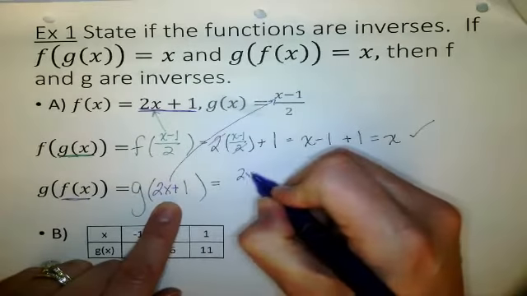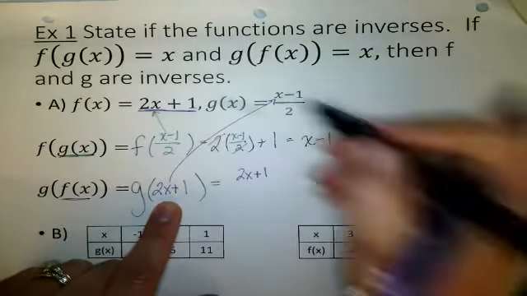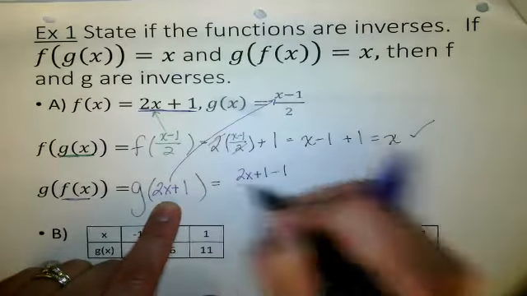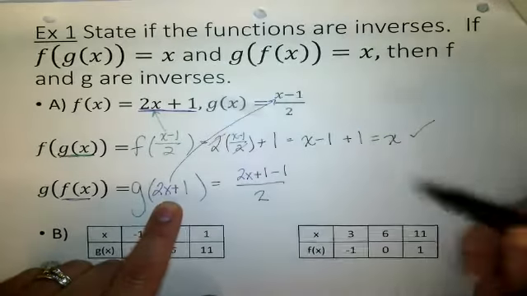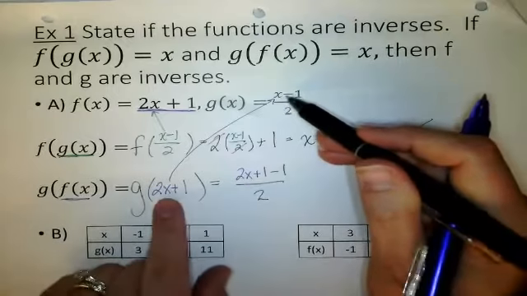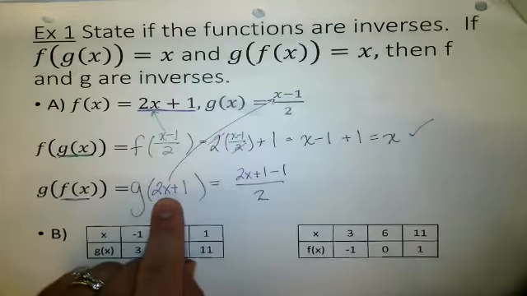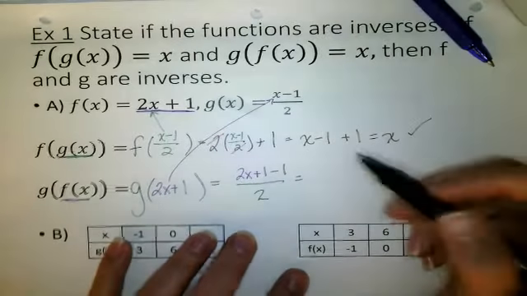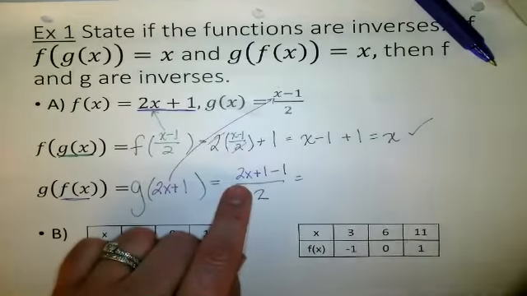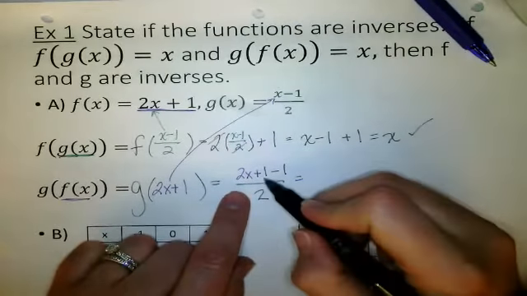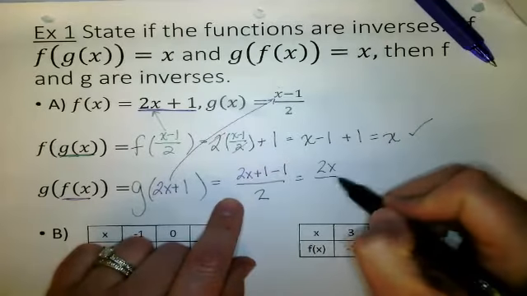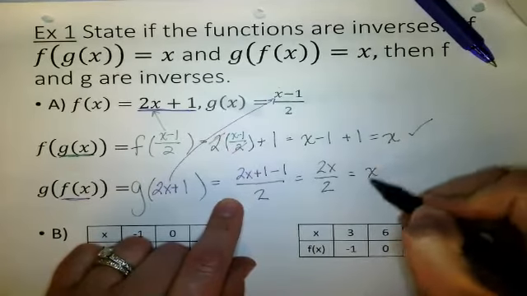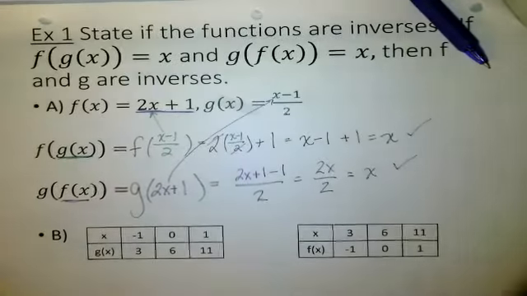So I have 2x plus 1, and then minus the 1, divided by the 2. I took my g function, and I replaced that x with the 2x plus 1. All right, how does that clean up? I want to see all the work. I know you guys are going to be like, it's just x, but I want to see it step through. So the 1, 2x over 2, which is x. There we go.